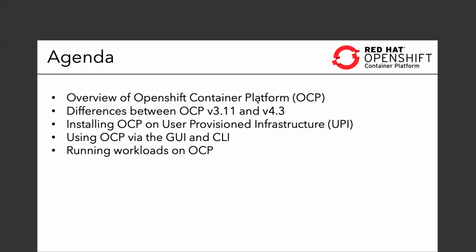Then I'm going to show you a video of the installation of OCP on our user provisioned infrastructure, so our IBM Power VM environment. And this is a video because in my environment it takes about an hour and a quarter, an hour and a half for it to run through, and I didn't really think you'd want to be sitting there watching that video.